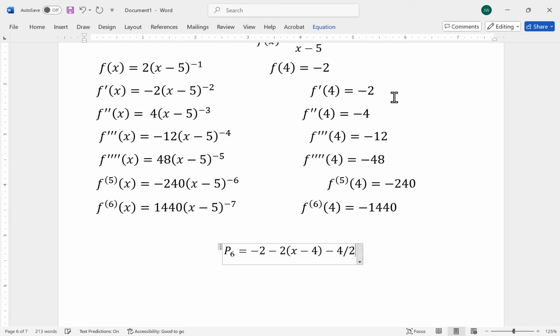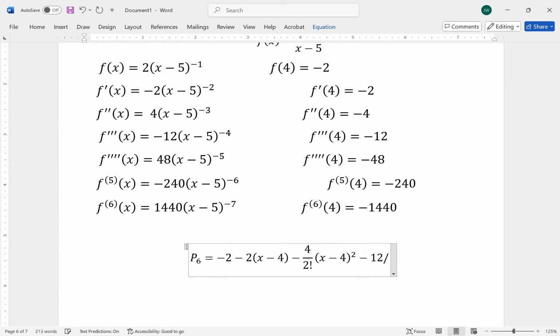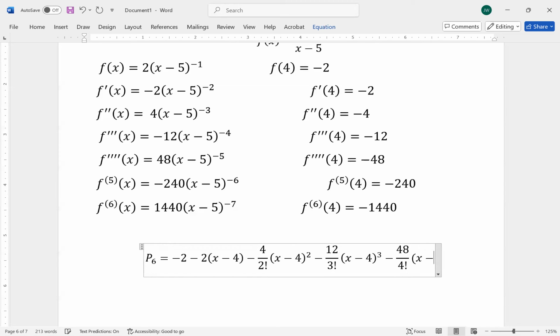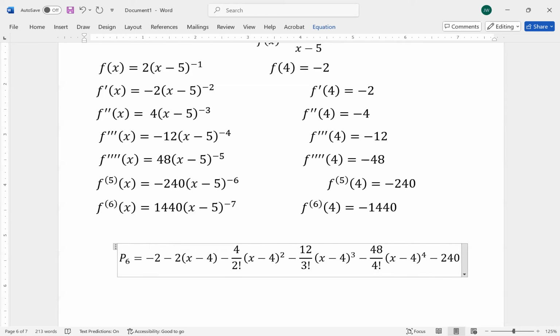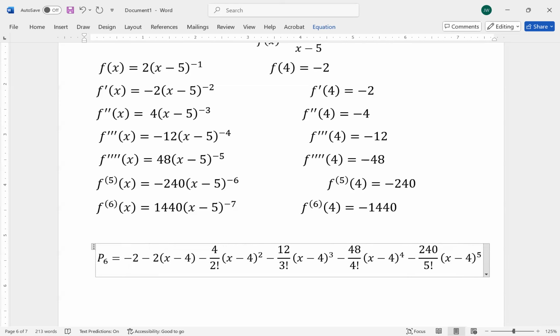minus 4 over 2 factorial x minus 4 squared, minus 12 over 3 factorial times x minus 4 raised to the third power, minus 48 over 4 factorial times x minus 4 raised to the fourth power, minus 240 over 5 factorial times x minus 4 raised to the fifth power, and then minus 1,440 divided by 6 factorial times x minus 4 raised to the sixth power.